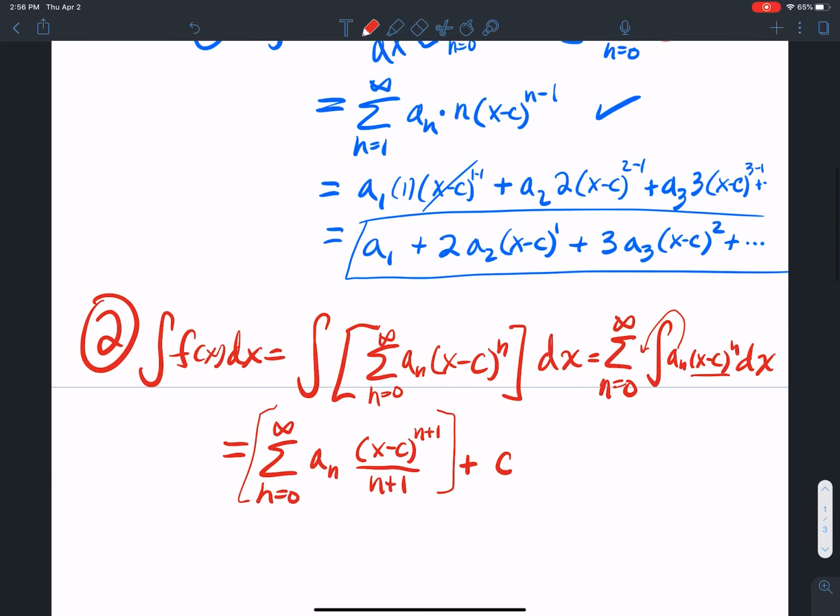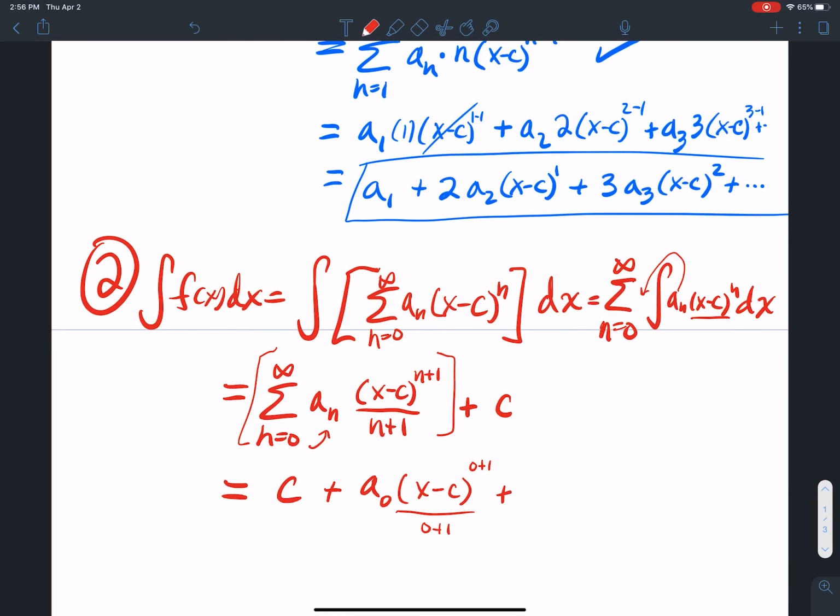So what does this get me whenever I integrate? Well, I get c plus, and then when n equals 0, that's a0 times (x minus c) to the 0 plus 1 over 0 plus 1, and then plus a1 times (x minus c) to the 1 plus 1 over 1 plus 1, and so on, right?